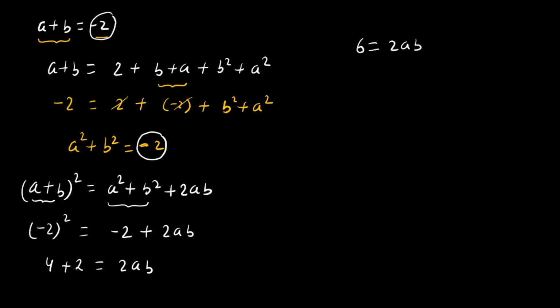If we divide both sides by 2, then 6 divided by 2 is 3, and the 2s cancel out, so a times b equals 3.